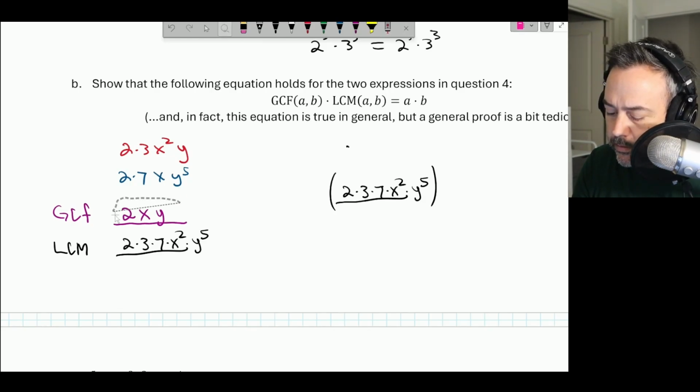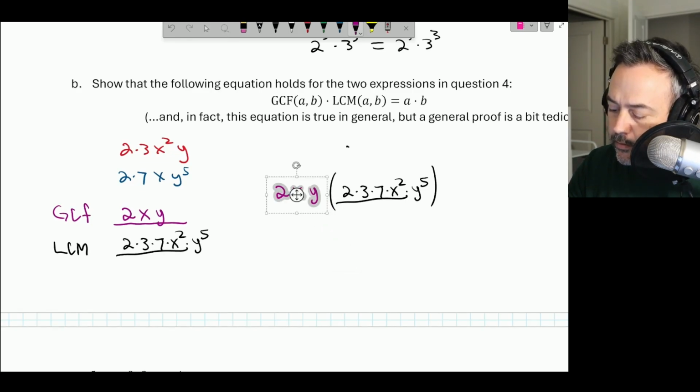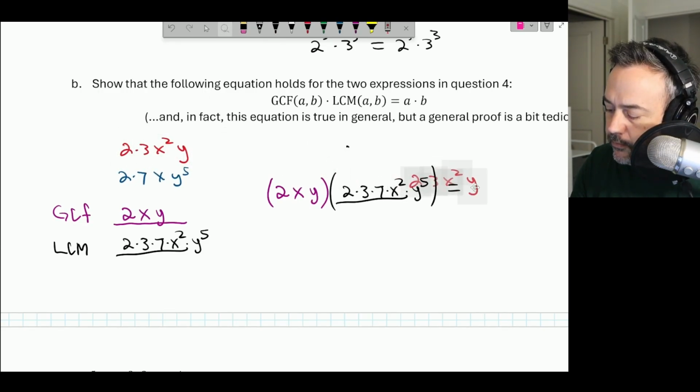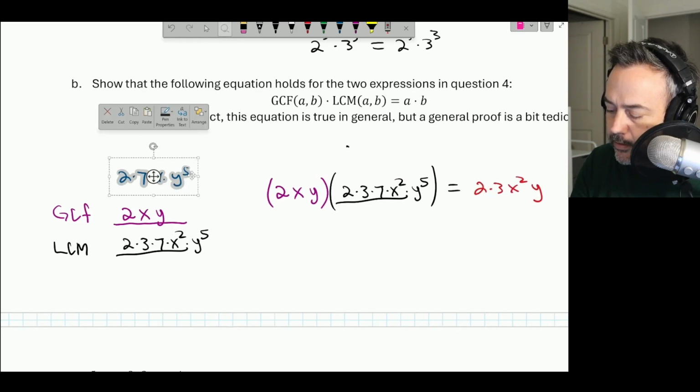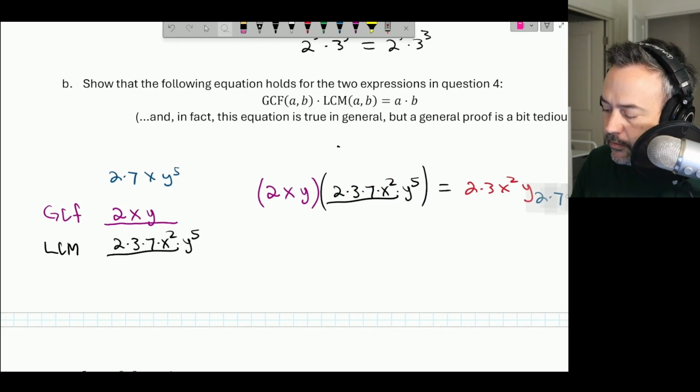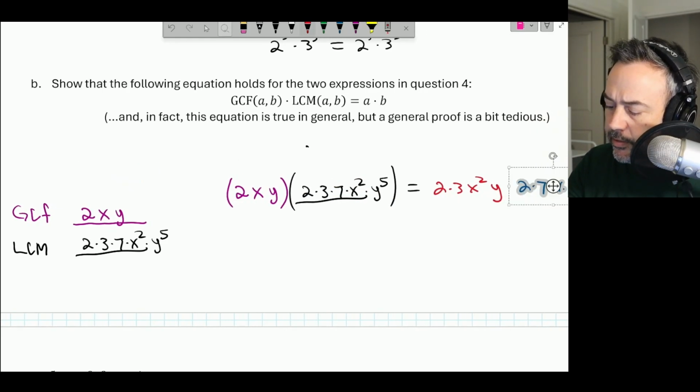What's this? It's the GCF. Copy, paste, put it up here, put it in parentheses. And that is equal to this. I'll just drag it over. I should have just done that in the first place. Just drag it over. Put parentheses around it. We're done.